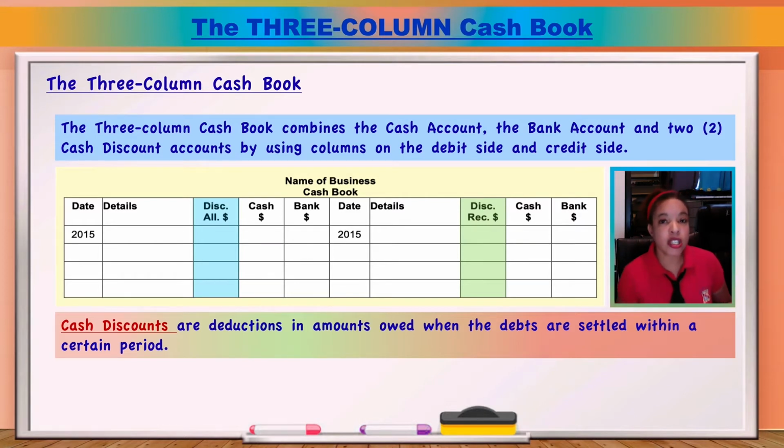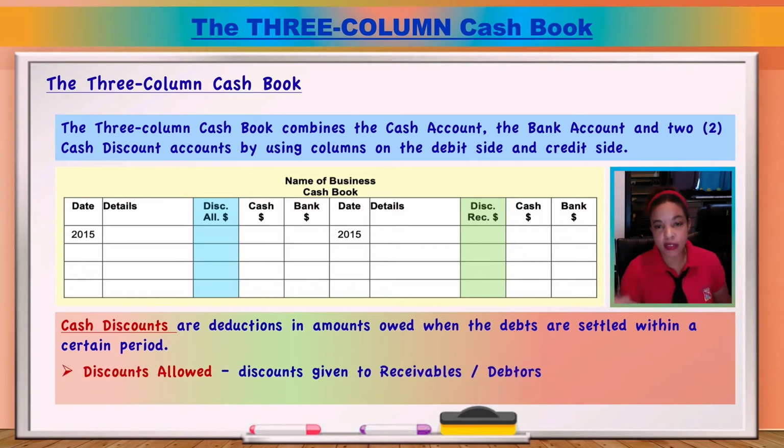So what is the difference between trade discounts and cash discounts? Trade discounts are given to encourage sales, to encourage customers to come and purchase from the business so that we can increase our sales revenue. Cash discounts are given to encourage our receivables to pay the amount owed to us faster.